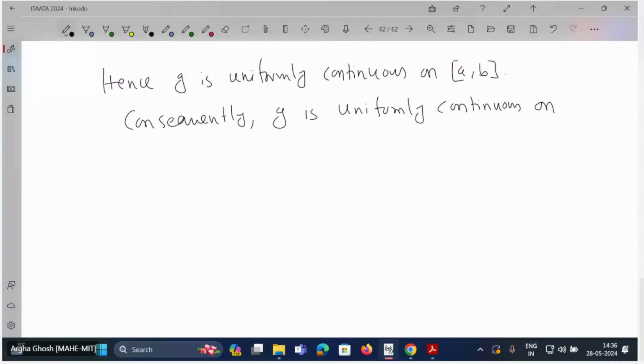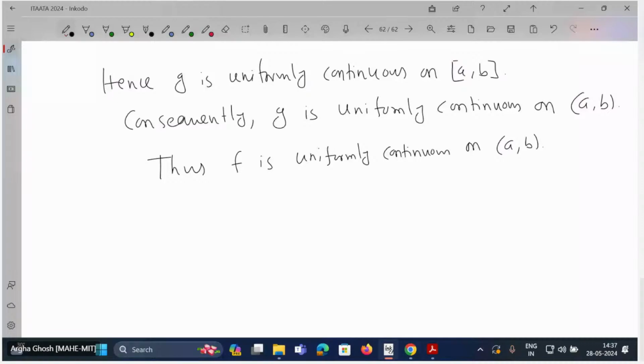Now in open interval (a, b), g and f are same, so thus f is uniformly continuous on open interval (a, b). Okay. This is the very simplest way you can prove that. Okay. So now converse part.